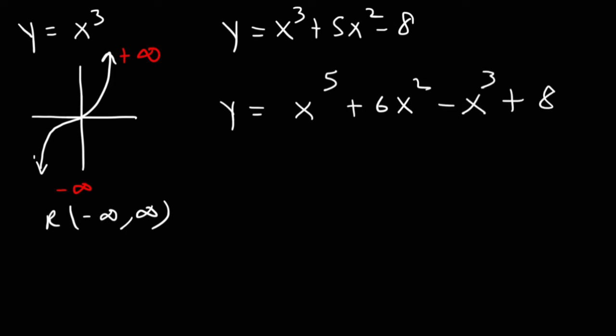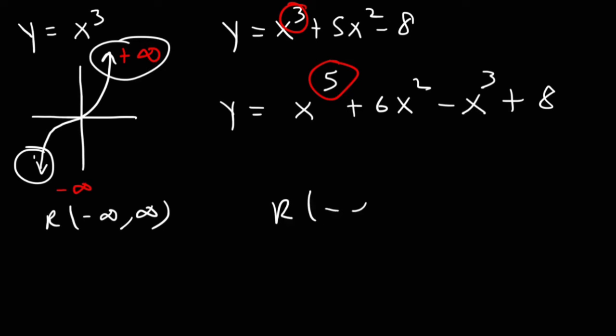Notice that the leading term has an odd exponent. When you see that, the end behavior will always vary from either negative infinity to positive infinity or the other way around. So the range is just going to be the same, negative infinity to positive infinity. In the middle, it might vary, but the end result is still the same. These are continuous functions.